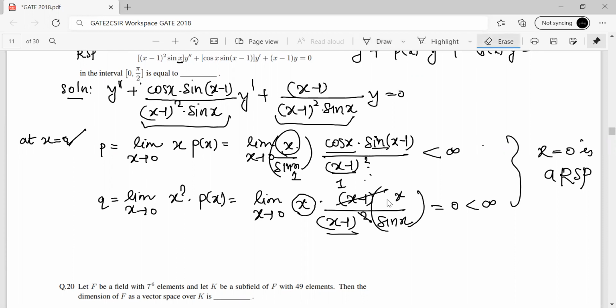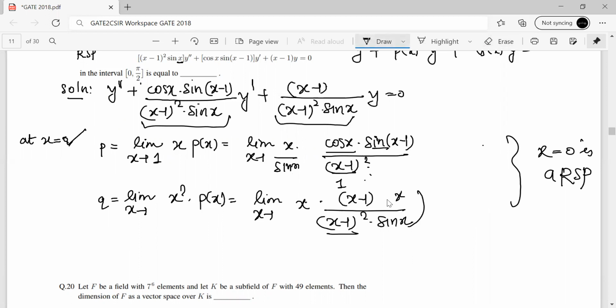Now let's do everything at x equal to 1. So let's play the game at x equal to 1. I'll now erase and find out the same limit at x equal to 1. The only thing that will change is this.